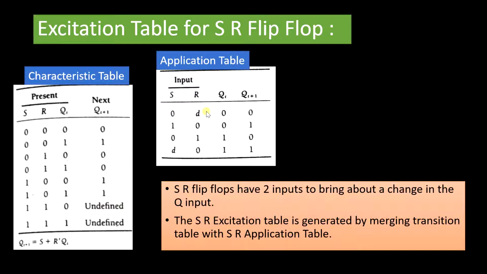Okay. So now, since the SR flip-flop has two inputs, we need to bring about a change in the Q output. Because there are two inputs, S and R, we will try to generate the SR excitation table by merging the transition table with the SR application table.